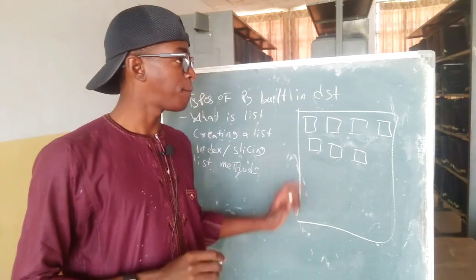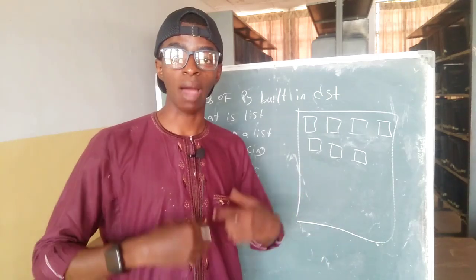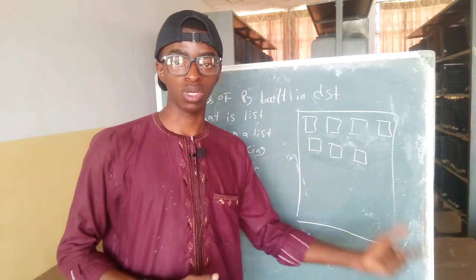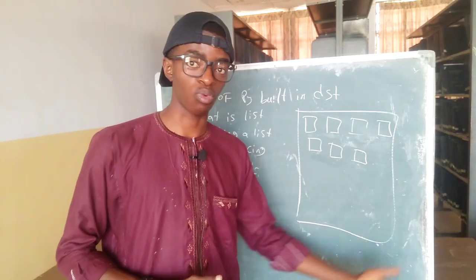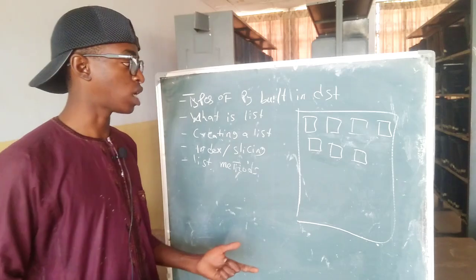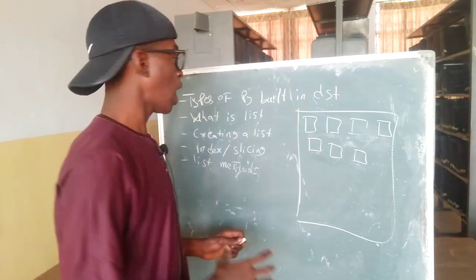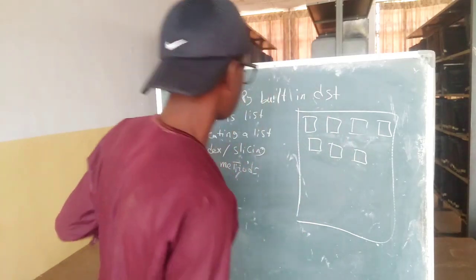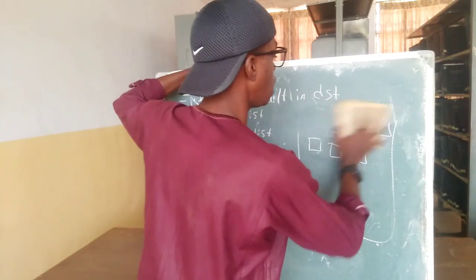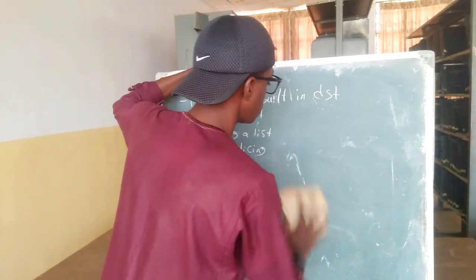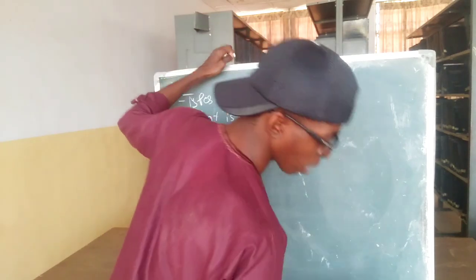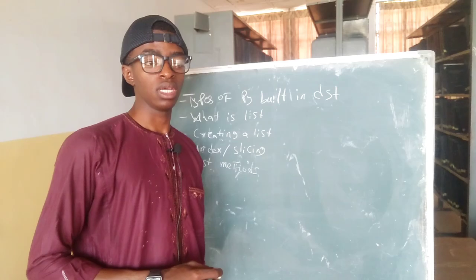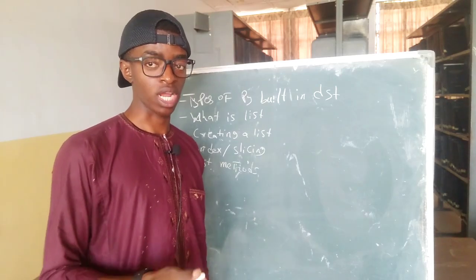So you see, how data is organized affects how I look for a specific piece of data. I hope you understand data structure. We have different ways of organizing data, and this is one example. Every data structure is a unique way of organizing data.